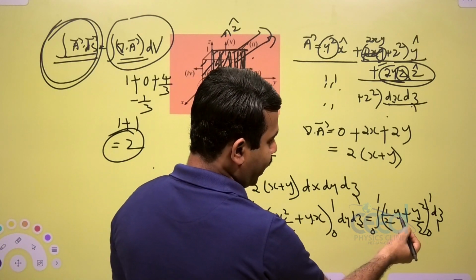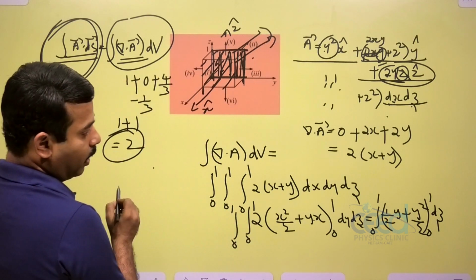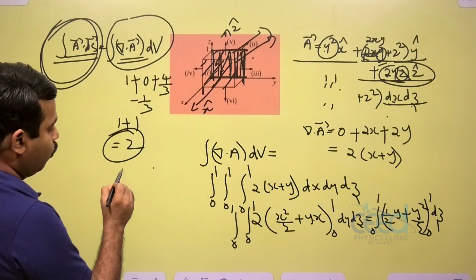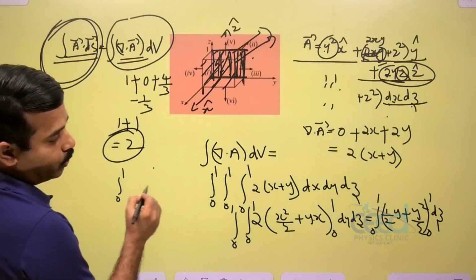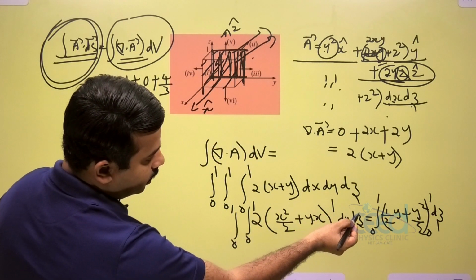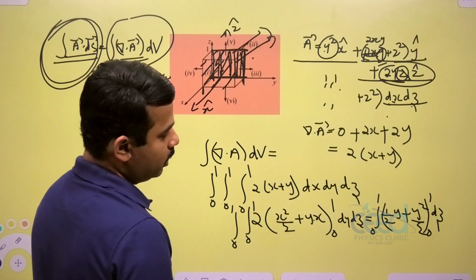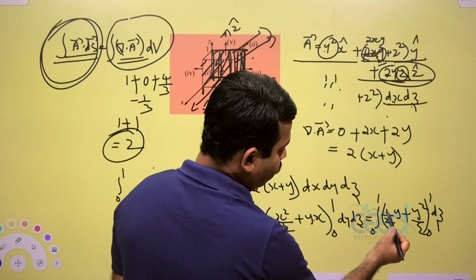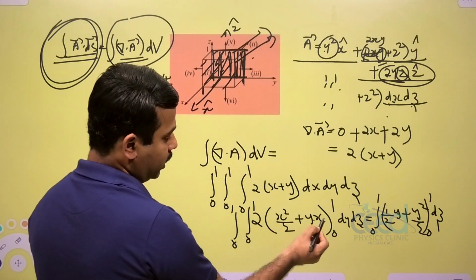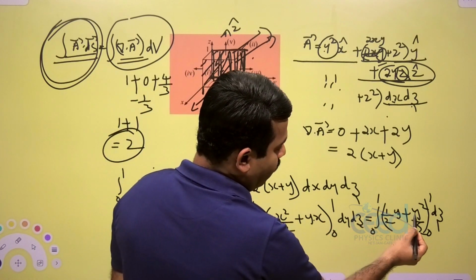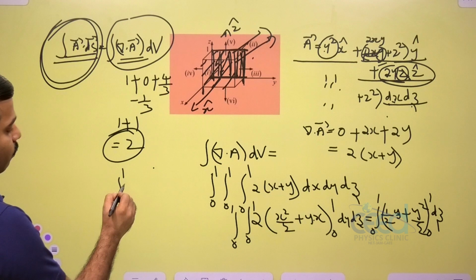Now if you give the limits for 1 by 2 y plus y square by 2, from 0 to 1, here y is 1, then 1 by 2 plus 1 by 2, that is 1, dz. Putting the limits gives 1 by 2 plus 1 by 2, again 1 only.